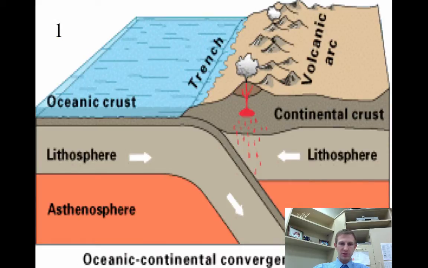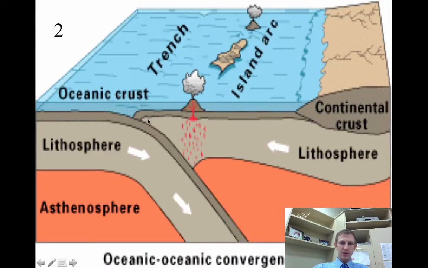Let's go back for just a second. See how there's not that bending in the crust right there, but in here we have this great big bending. So we have very, very deep trenches in the oceanic to oceanic convergence zones. If I was to ask you what kind of convergent boundary creates the deepest trenches, you would be able to say oceanic to oceanic crust.